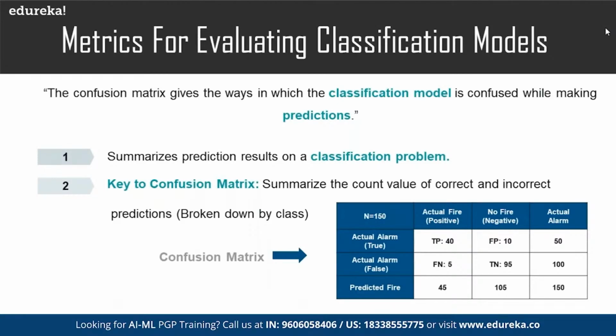When there is no fire, there should be no alarm, right? But what if there is an alarm but no fire? That means we trained and evaluated the system wrongly, which is why we got such wrong results.